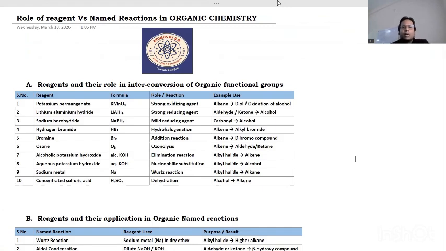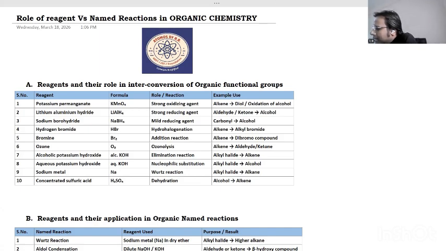तो उसकी हम बात करें अगर, तो जैसे आप देख सकते हैं कि पोटेशियम पर मैग्नेट. KMnO₄ is a strong oxidizing agent and it oxidizes alkenes to diols.